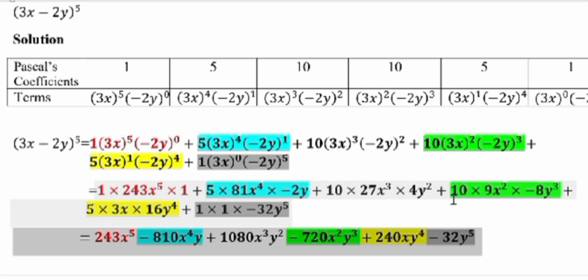Then 10 times 9 times negative 8 giving us negative 720 x squared y cubed. Then this will be 5 times 3 times 16 giving us 240 x y to the power 4, and then 1 times negative 32 giving us negative 32 y raised to power 5.